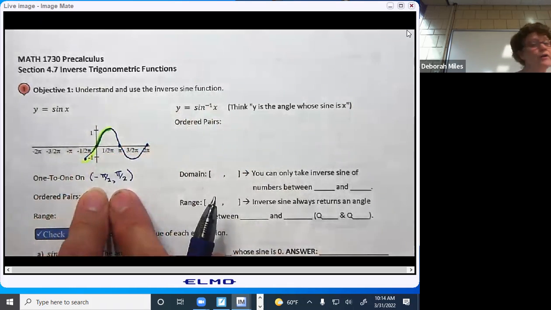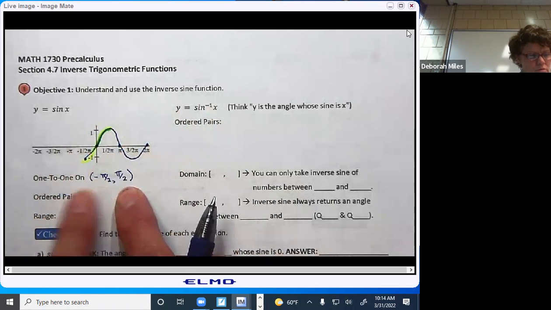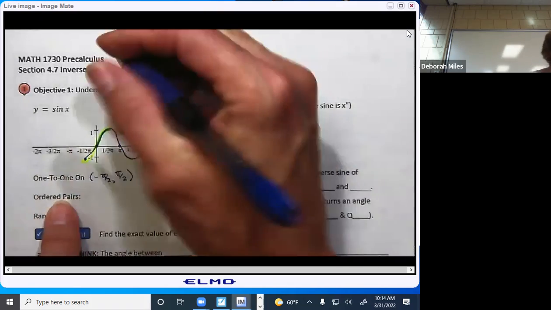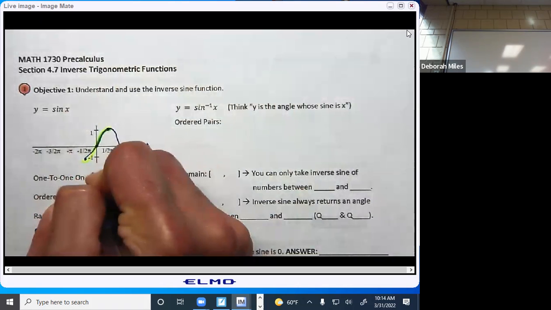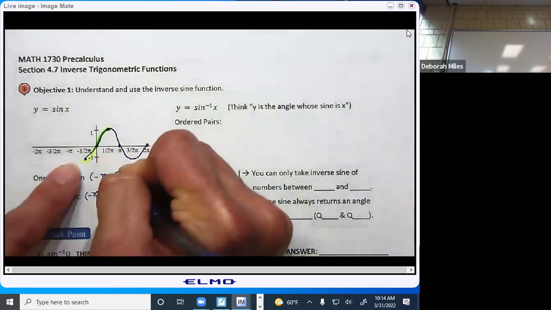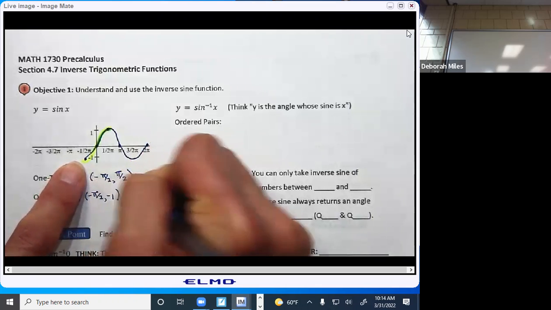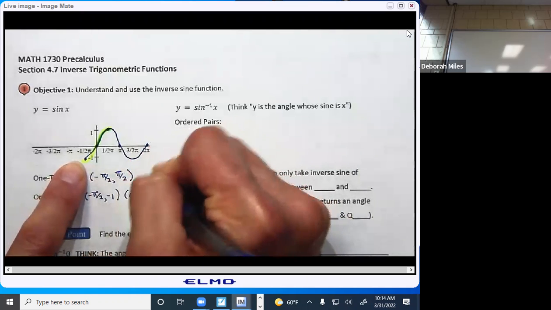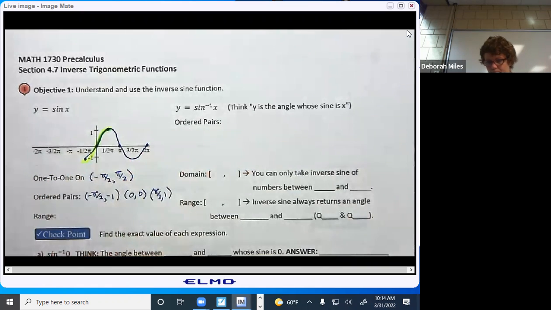Again, a lot of other intervals could have been chosen, but this was the one selected by the powers that be. And on that interval, if we just listed the 3 ordered pairs that we've plotted, that's negative pi over 2, -1 for the left endpoint, 0, 0 for the middle endpoint, and pi over 2, 1 for the right endpoint.